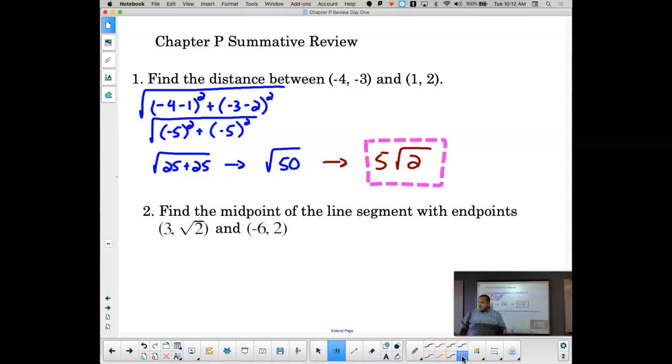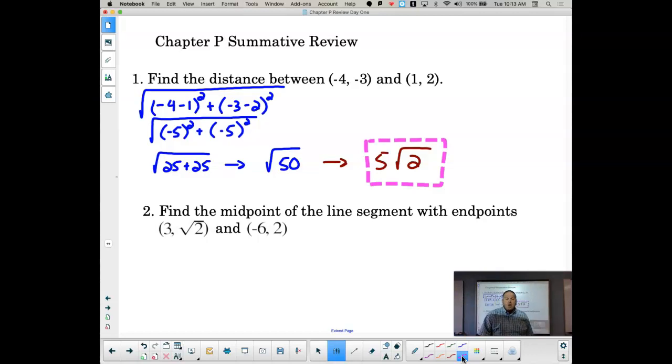Okay? So I would go with 5 square roots of 2 there. We are exact type of people. We are not 7.1 type of people for that one, okay? Where you round it off by doing it on a calculator. We're exact because that's the exact answer, 5 square roots of 2.